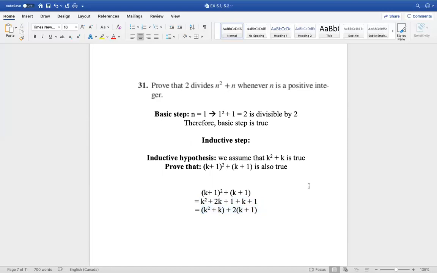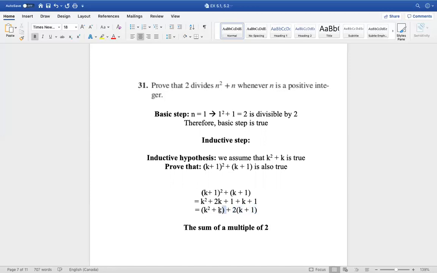Now we did it because we want to prove that this here is divisible by 2. Remember, we have to prove that this here is divisible by 2. Okay, so it can be clearly seen that the sum of a multiple of 2, so this is a multiple of 2, right?